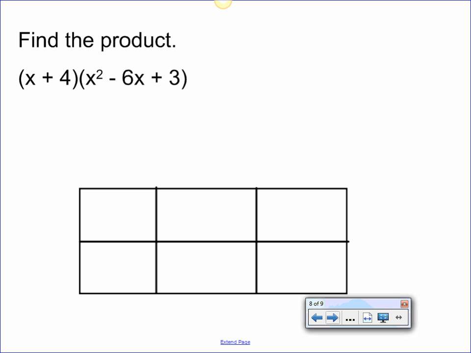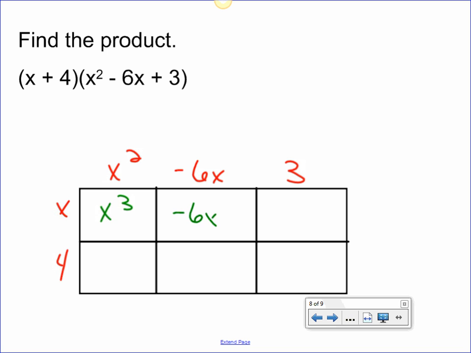Okay, and then the last thing today is finding the product of a binomial and a trinomial. The first one's a binomial, the second one's a trinomial. So one way would be to make the box again. So this would be your x squared, this would be a negative 6x, this would be a 3. And this would be an x and a 4. And then we're simply going to fill in the box again. So this would be an x to the third, this would be a negative 6x squared, this would be a 3x, this would be 4x squared, this would be a negative 24x, and the last one here is a 12.